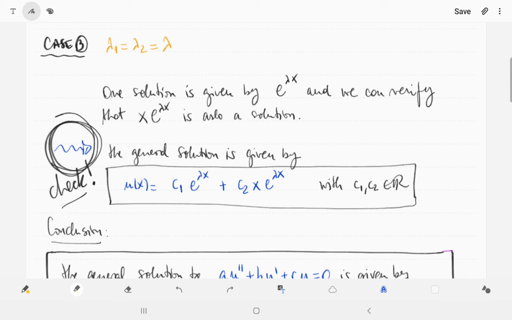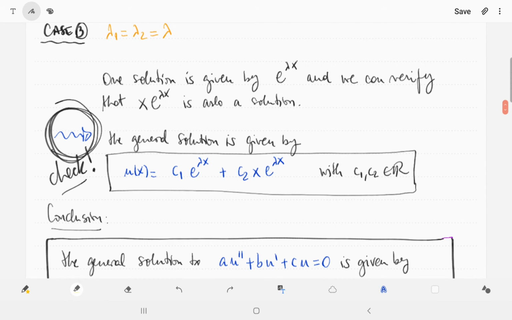Here one solution is given by our suggestion, and we have another solution that, for those who are interested, we can discuss how to get it, but it's not part of the program, so let's not say too much about that. But we can verify that this is another solution. It's exactly the same exponential, but here we have an x.